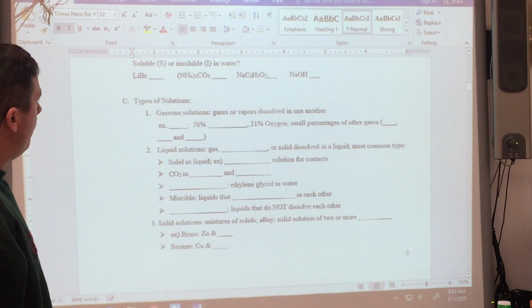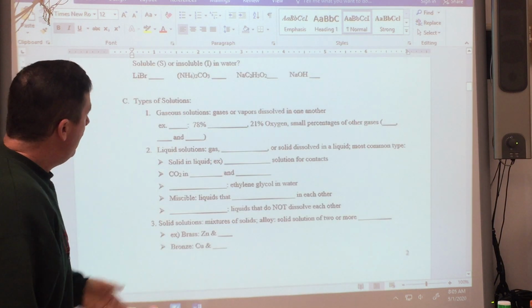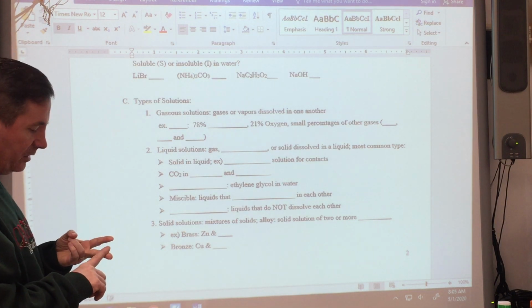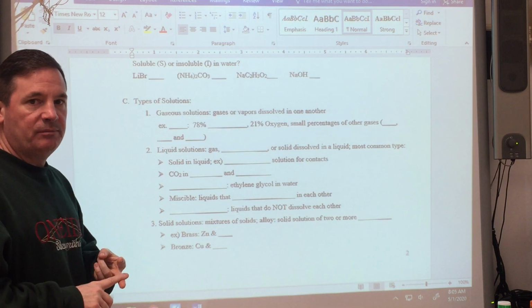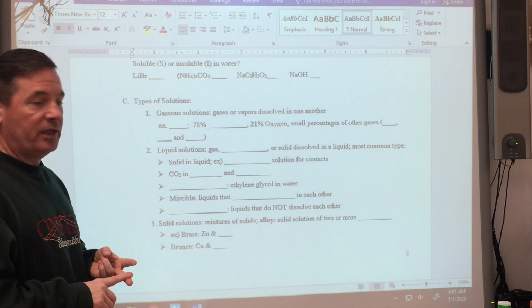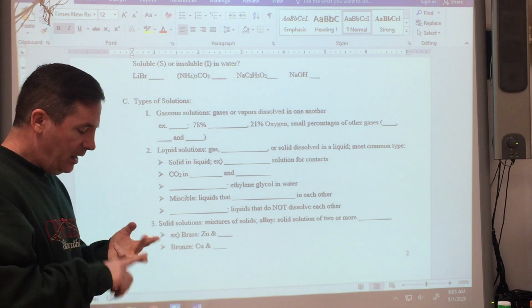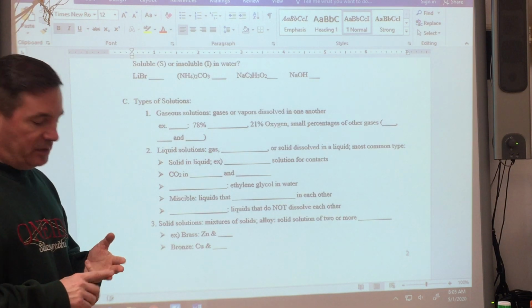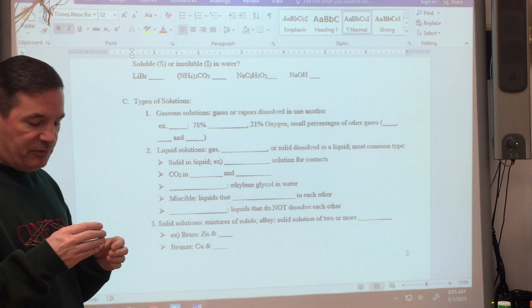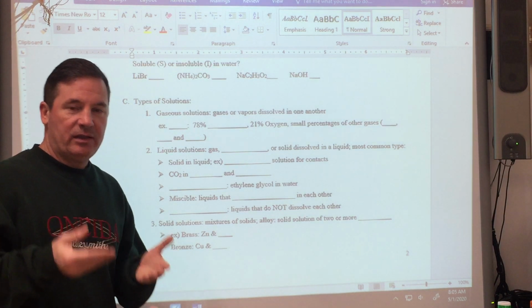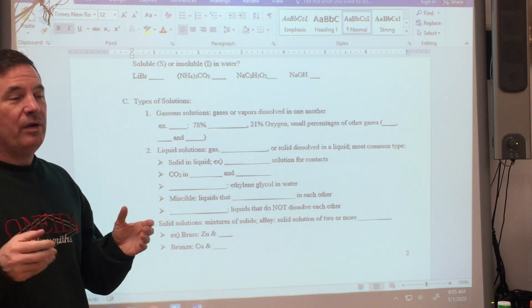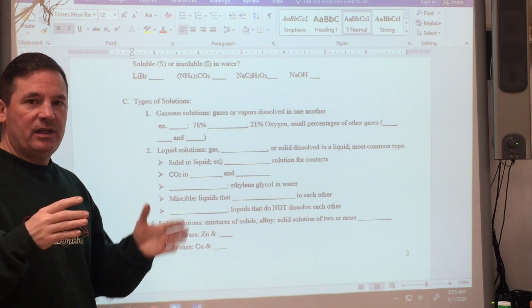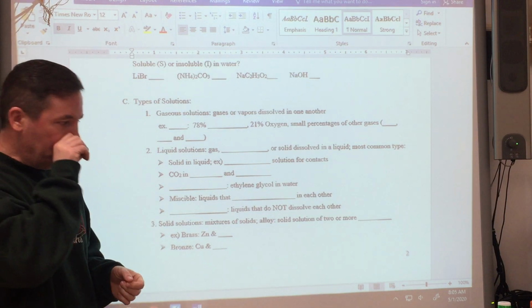Last thing that we learned was the types of solutions. They can be gaseous, they can be liquid. Most solvents are liquid, and most solutions are liquid for that matter. And we have solid solutions, and usually call those alloys. Just as a reminder, if you have 2 things that are the same, like liquid-liquid or metal-metal, the one that has the greater quantity is called the solvent, and the lesser quantity is the solute.